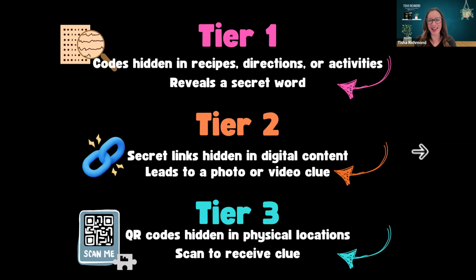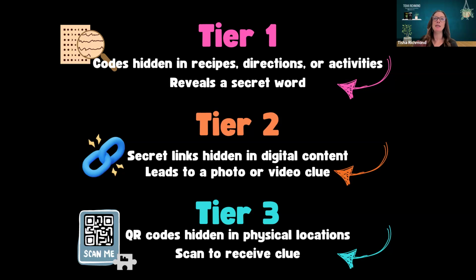But let's look at this idea of tiers that Taylor Swift is talking about. In tier one, maybe you are hiding codes in things, just like I shared with that secret code idea. Maybe you're hiding codes in recipes or directions or activities, and you're trying to find out what that secret word is.